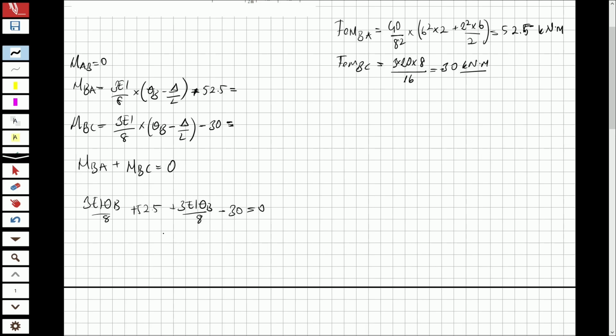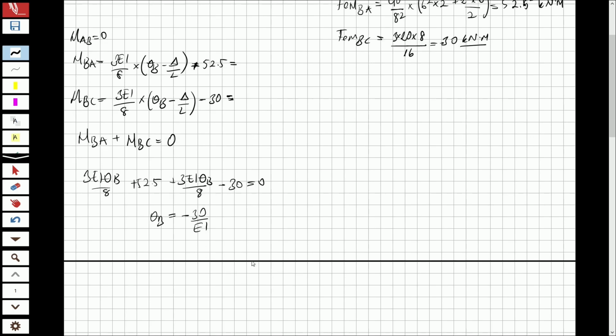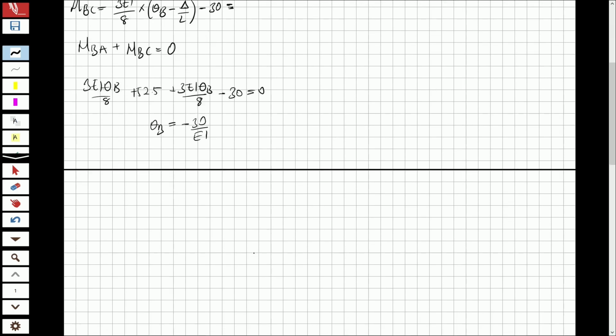From this equation, I will obtain theta B as minus 30 over EI. Now I have specified theta B.